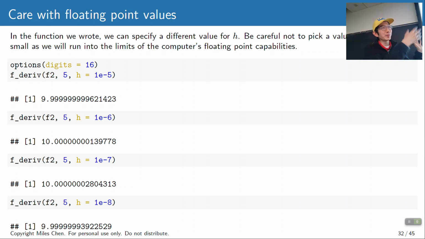With the time we spent last week on floating point numbers, we realized that there are limits to how much information we can store. As your numbers get bigger, what's the smallest thing that you can add? The smallest thing that you can add also has to grow with the numbers that you are adding. So when you have the number 1, you can add 2 to the negative 52. But if you have a number like 100, then you can't add 2 to the negative 52.